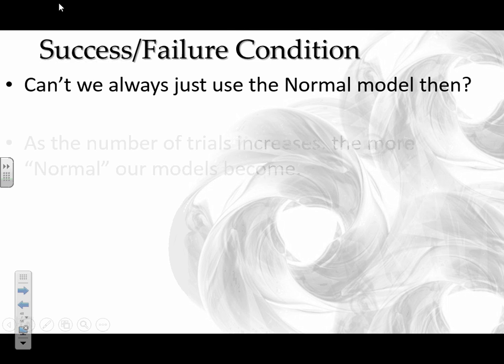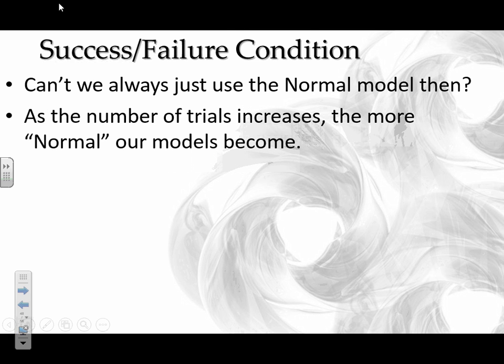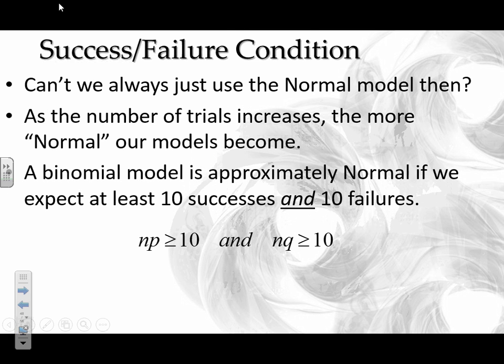Okay? Now, the big thing here though, because you will be asked this, so while you might not have to calculate a probability based on the normal distribution, you do have to understand that we can only use a normal distribution to approximate if the number of successes and the number of fails are both at least 10.